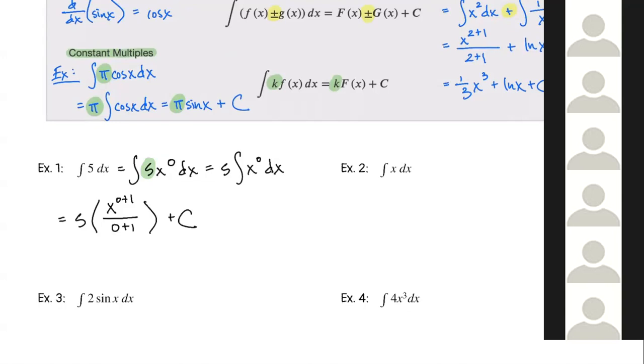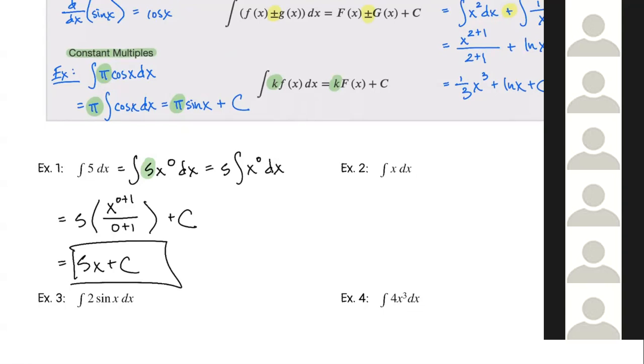Don't forget the plus c. And when we clean this up a little bit, what do we get? 5x plus c, perfect. That is our antiderivative of 5, okay?